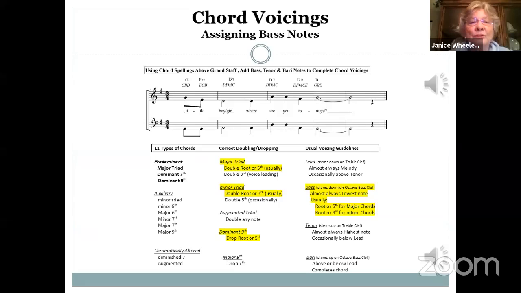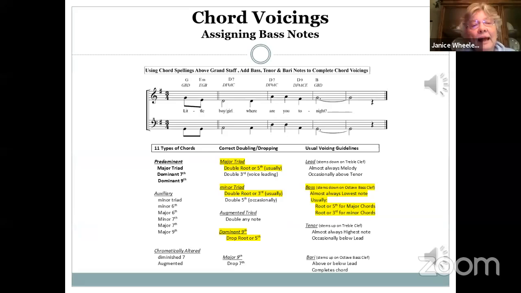So the first two notes there, we have a G major chord, so we're going to double the G, and that's doubling with the lead. Now on the E minor chord, we have an E, G, B chord.